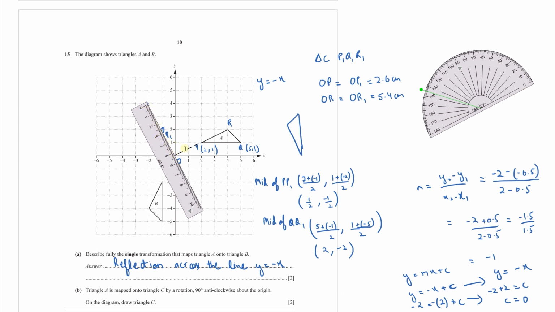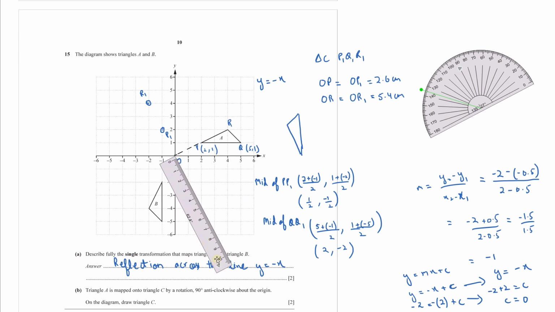This angle here I marked as 90 degrees using my protractor. So this is 0 and this is 5.4 centimeters. So this length right now is 5.4. So my point R1, sorry, lies exactly here at this point. So this is R1.